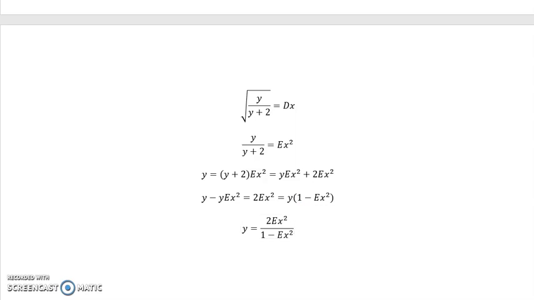Now, normally I don't expect my students to do this, but I wanted to do it in this particular instance because this equation can also be solved with the Bernoulli approach, and so just to verify that we get the same answer, I did it in this form.